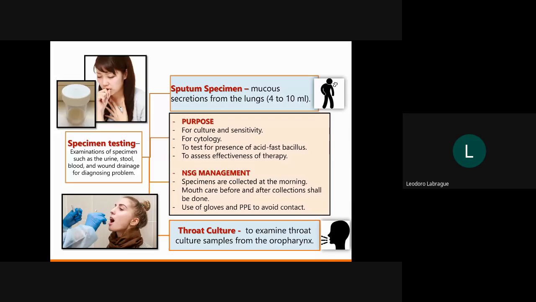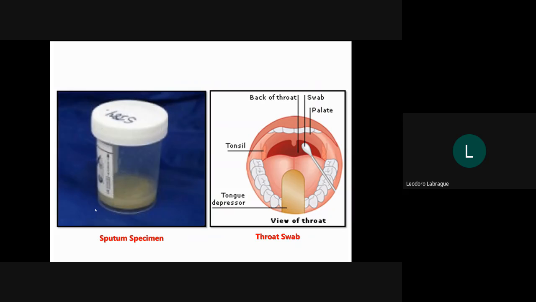We call it a throat culture. This is an example of the photo here, the throat swab or throat culture. A small swab is inserted into the mouth, and the back of the throat is usually swabbed. And this will be examined in the laboratory to see if the patient has some microorganisms.